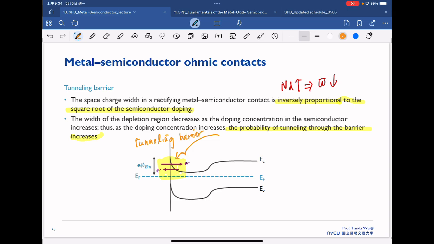This is very useful when we want to reduce the contact resistance. In the real consideration of our device, you know that in the source and drain region we will have the doping, and on top of the doping we will have the metal.